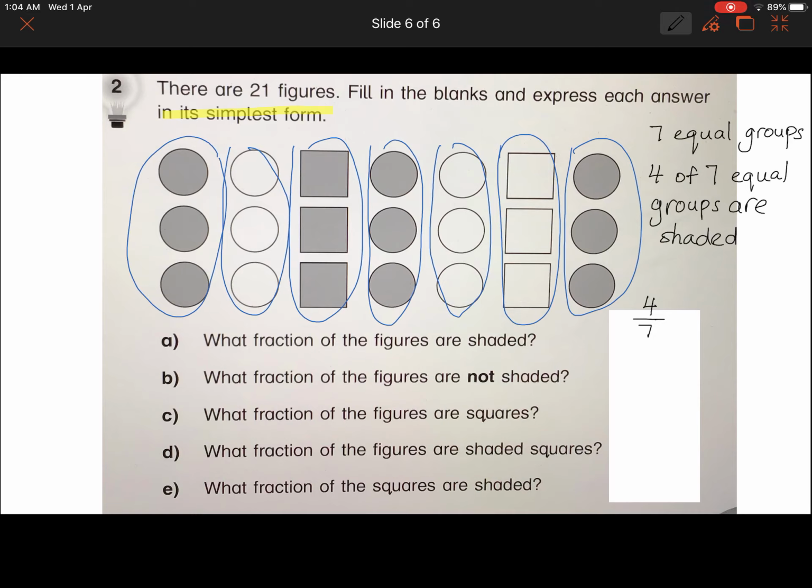If 4 out of 7 are shaded, the fraction that are not shaded are just 1, 2, and 3. So this will give me 3 out of 7.